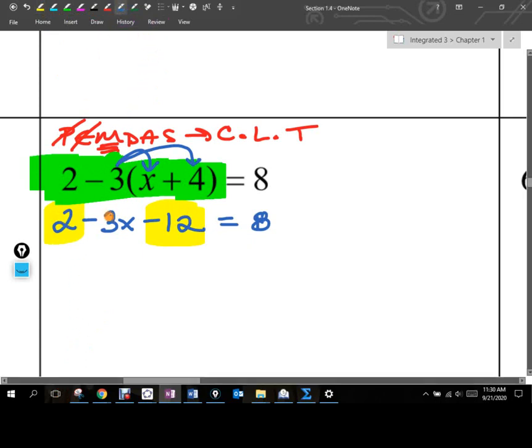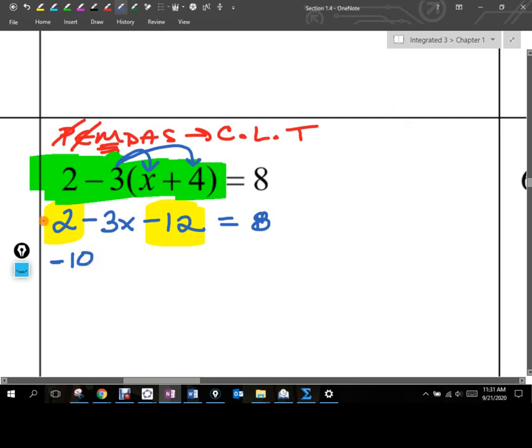So what's 2 minus 12 going to give me? Combine them, so what's 2 minus 12 then? Negative 10? Okay.